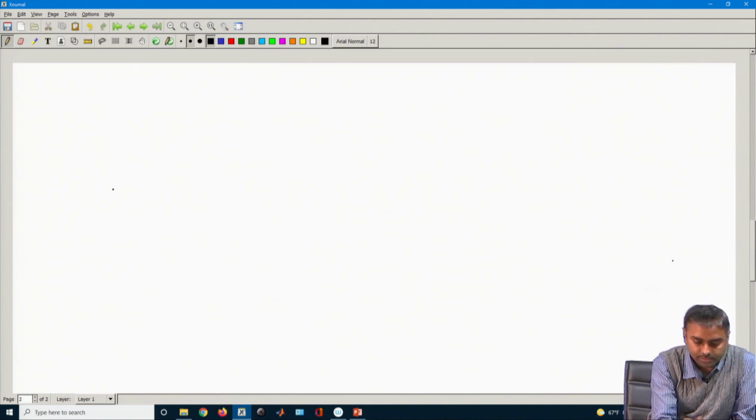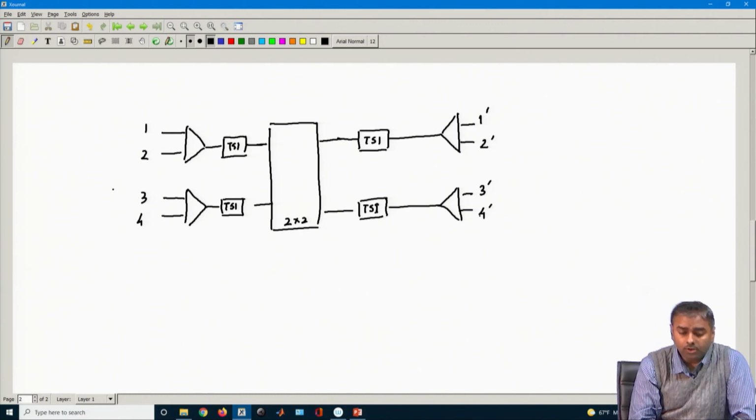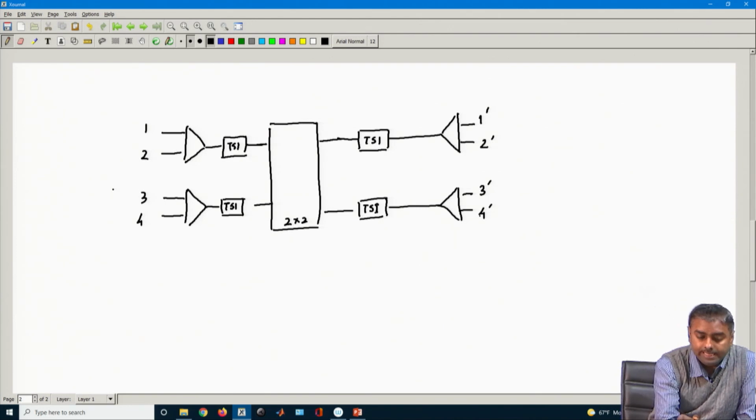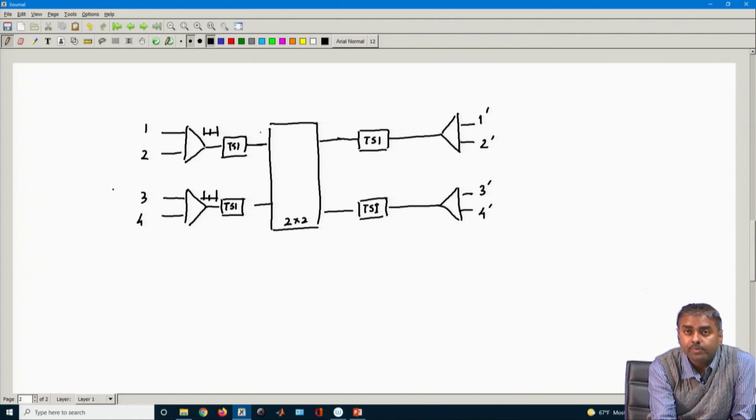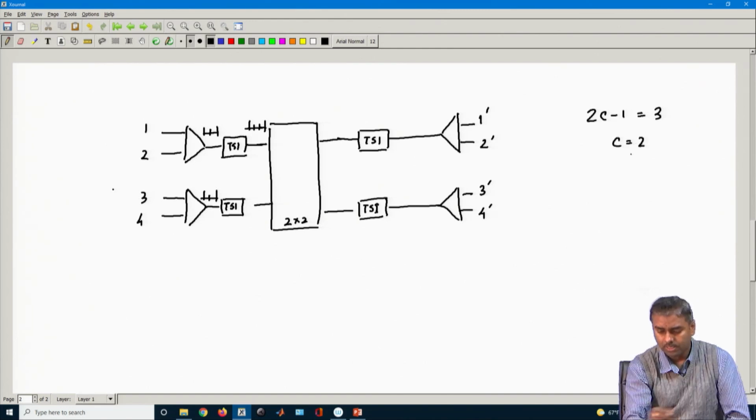Let us quickly draw that diagram. Now all I have to do is in the middle stage. You remember we had these 2 slots, all synchronized, in between. Within this 125 microsecond now we will be putting 3 slots instead of 2, because 2C minus 1 is 3 now if C is equal to 2.